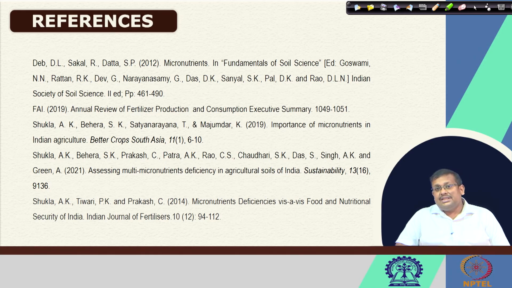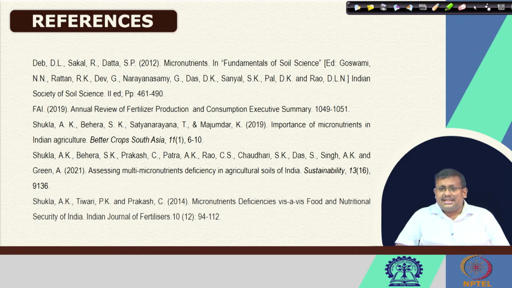So, guys, this makes the end of our discussion of the deficiency symptoms of different micronutrients in the plant. We have discussed the visual deficiency symptoms of different elements within the plant body, and also the boron management in soil, why boron is deficient, and what the sources of boron are.